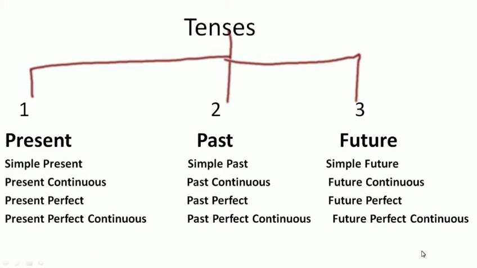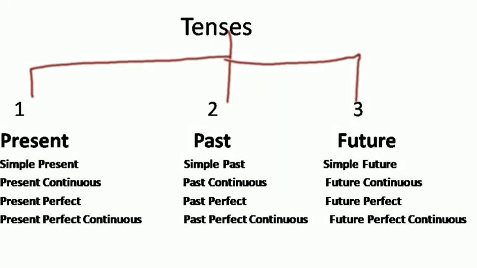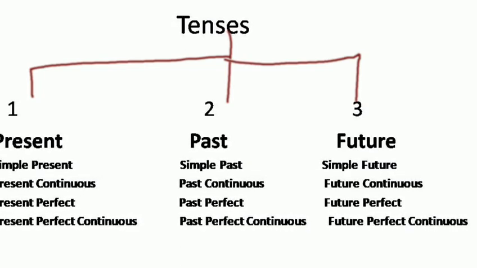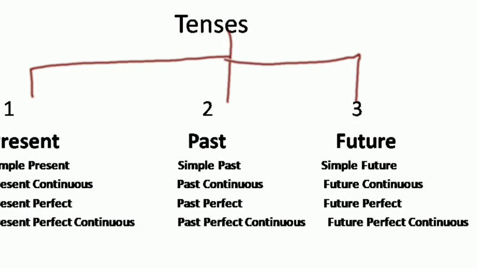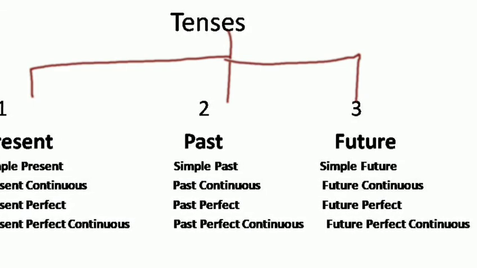Then in past, we have simple past tense, past continuous tense, past perfect tense, and past perfect continuous tense. In future also, we have simple future tense, future continuous, and future perfect and future perfect continuous tenses. We will learn all these 12 tenses in English.